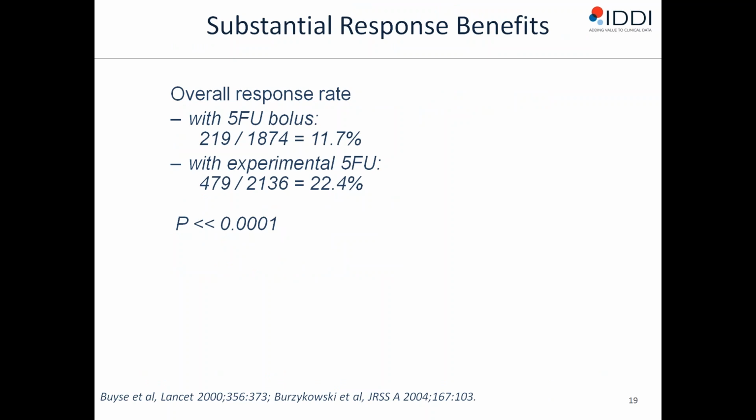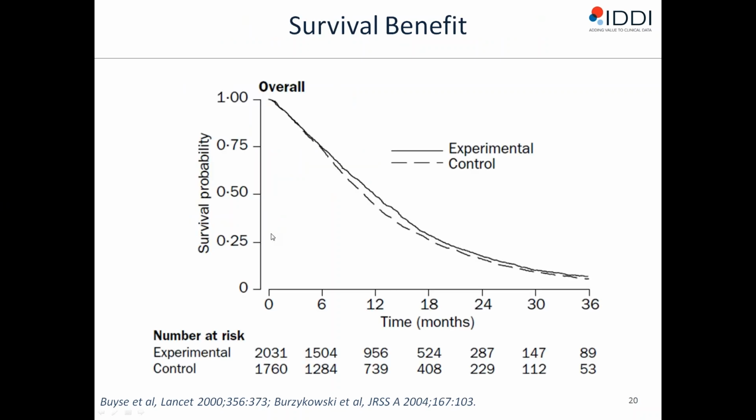So in the meta-analysis, you can show that with experimental regimens, so with the modified 5-FU treatment, the response rate basically doubles. And that's obviously statistically significant. There's also a small but statistically significant effect on survival, which is about a 10% reduction in the hazard for overall survival.